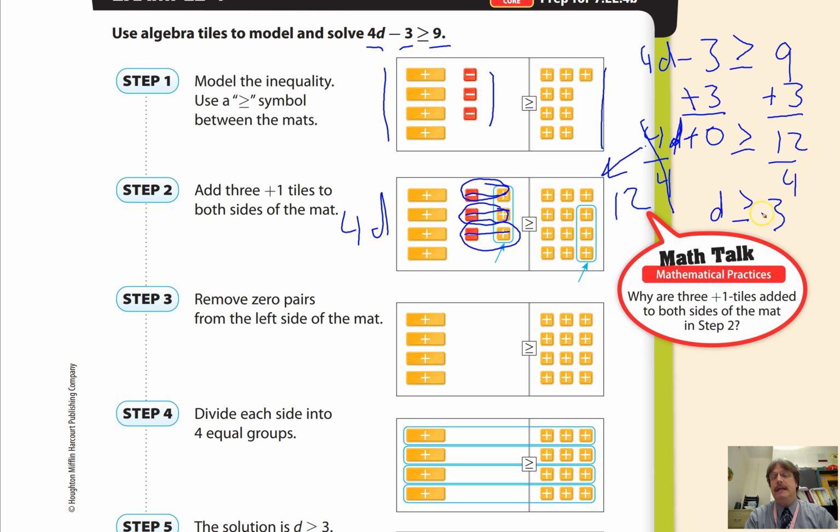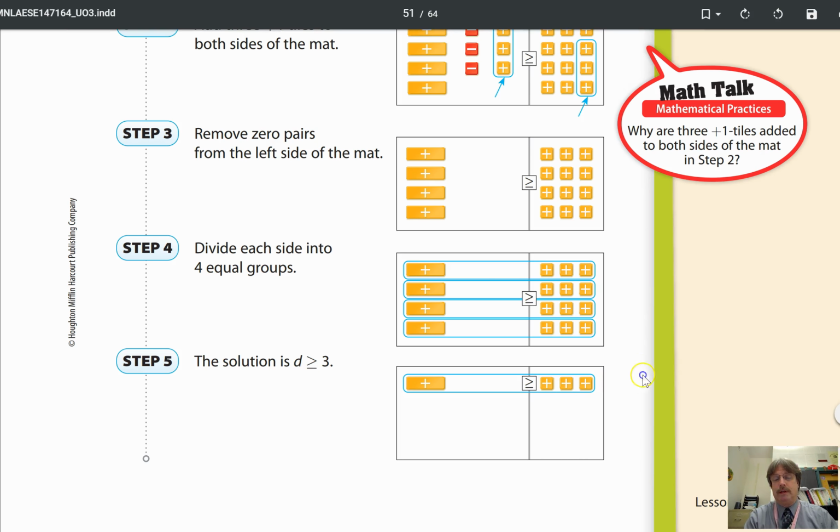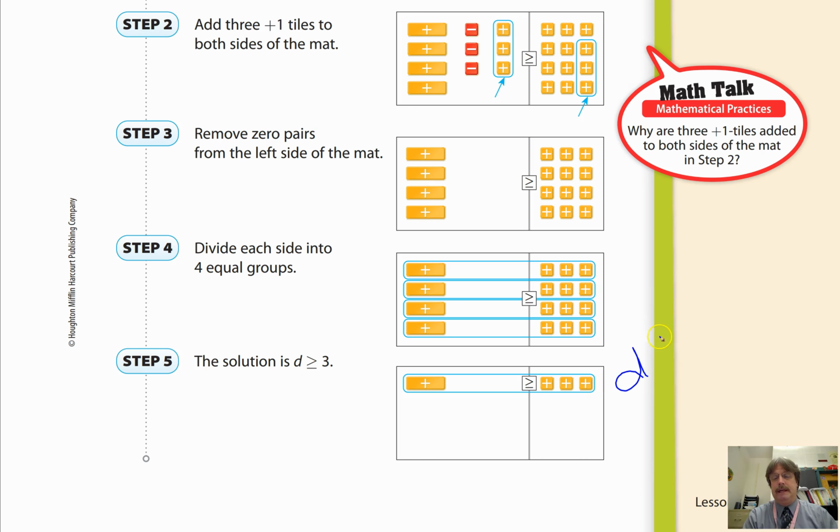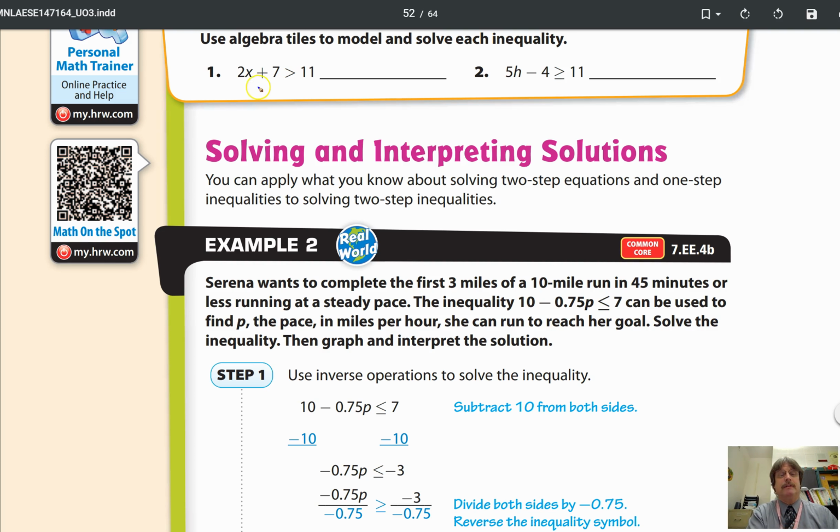So each d will have 3 tiles in it. We see that right here, and then we see the final result here, where d is greater than or equal to 3. So here in the your turn, they're asking you to model, so you're creating with algebra tiles, and then you solve that.